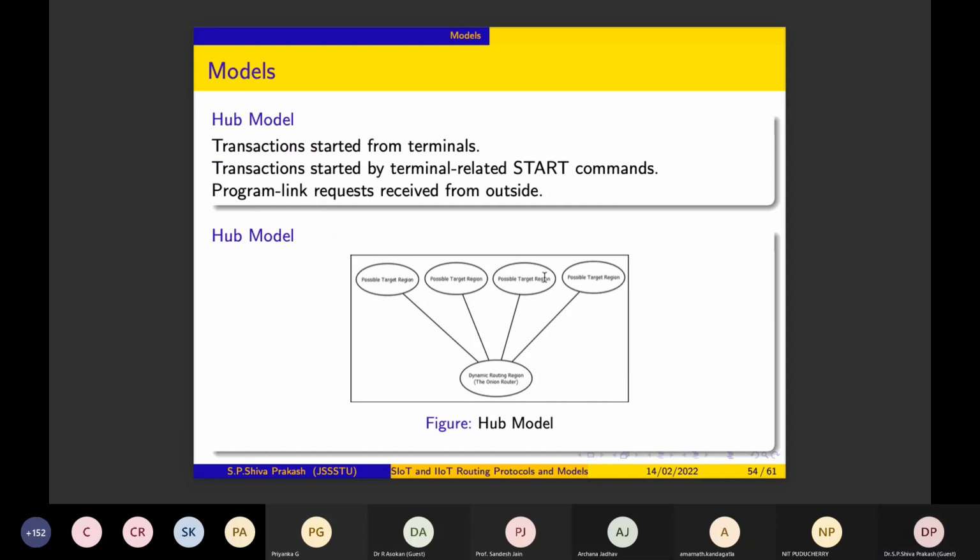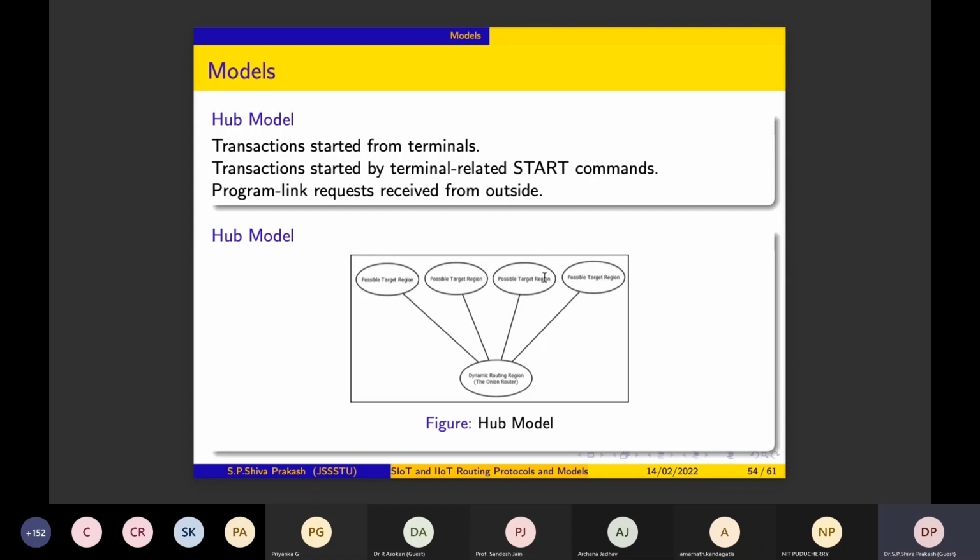The hub model looks like this, where the transaction starts from the terminals, which start with a start command. The program link requests are received from the outside.